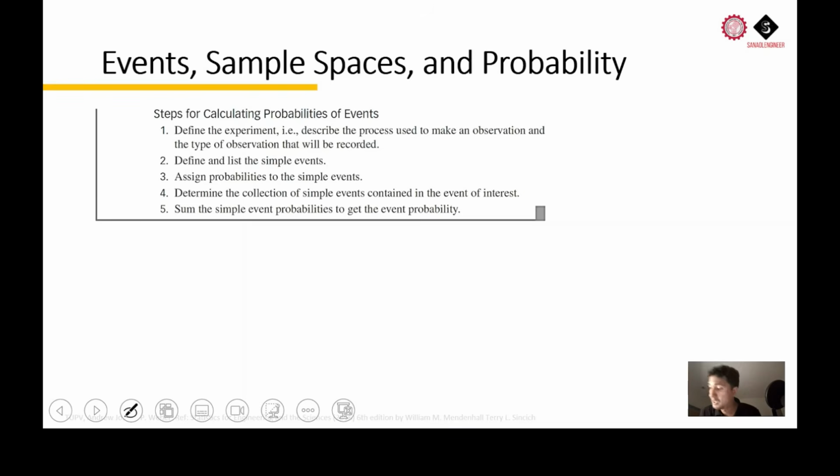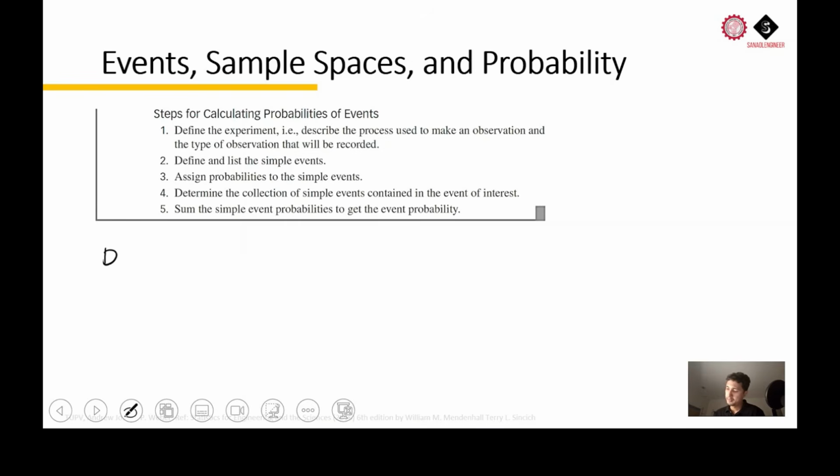First, define the experiment, that is, describe the process used to make an observation and the type of observation that will be recorded. Okay, so this is very important. You have to define the experiment. How is the data produced, or how is the data generated? By tossing a coin, by drawing a card, or by randomly sampling, whatever.